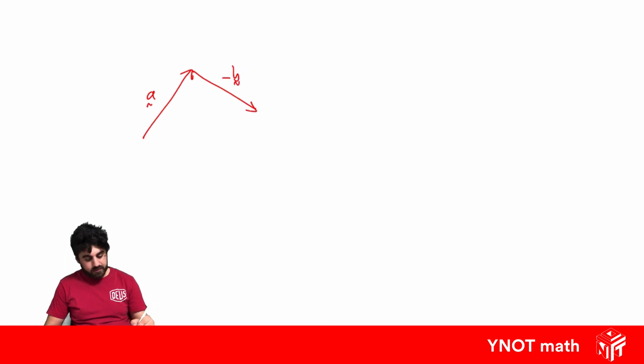Well, again, we're just looking at going from the tail to the final head, and we get A plus negative B. And just like normal integer rules, this just becomes A minus B.